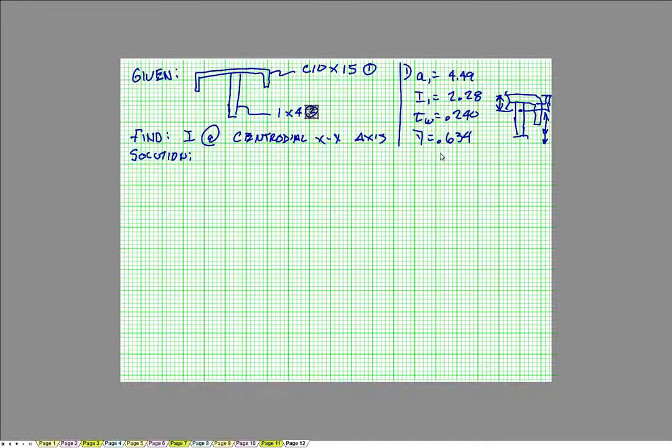But now calculating, I'm going to erase this little bar right there because that's just the y of the individual piece. The y bar to the ground for this is actually 4 inches plus the thickness of the web, 0.24, minus the location dropping back down of 0.634. So the actual y-bar distance is 3.606.